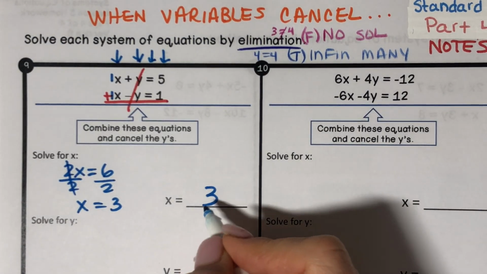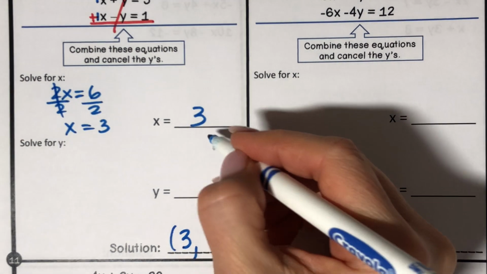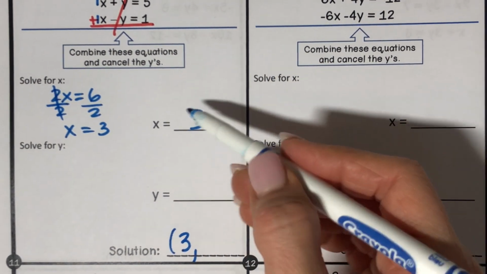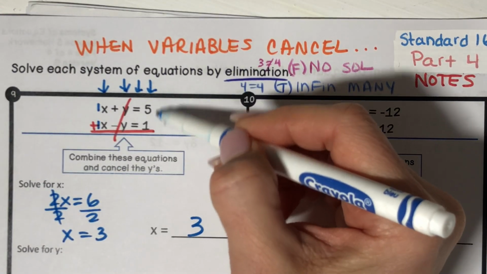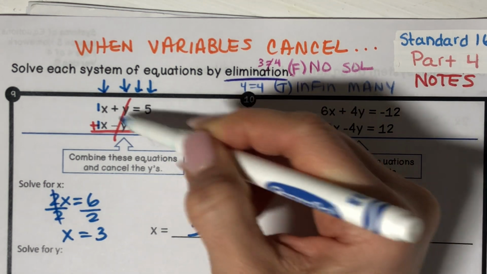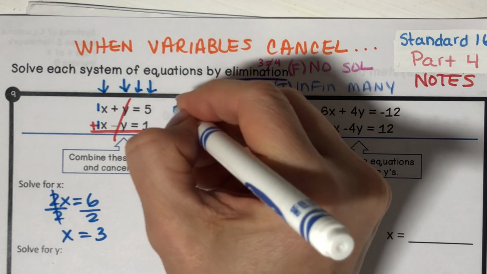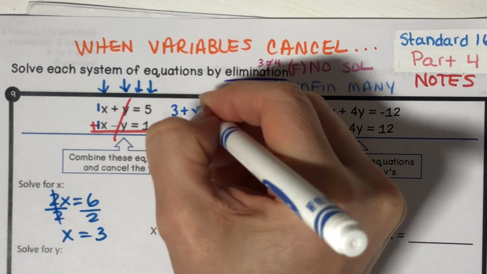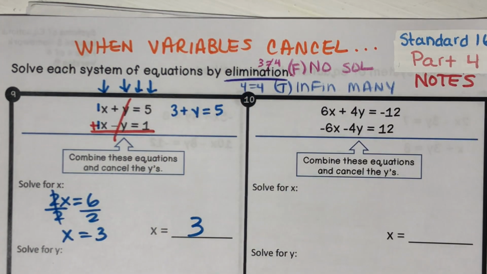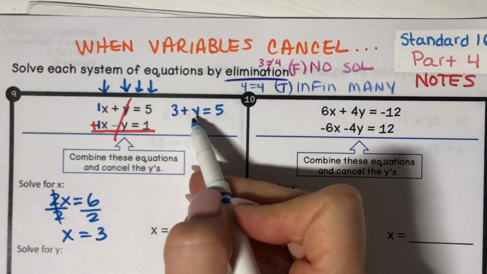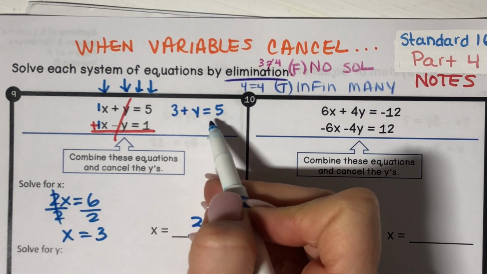So now that I have a 3 here, I know my answer is going to be 3 comma something. I won't know what that y value is until I go back up into one of these equations and put x as 3 and solve for y. So if I put 3 here plus y equals 5, I don't have to solve fancy equations. What number do I need to add to 3 to get 5?